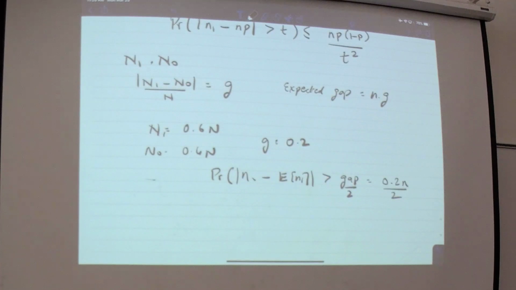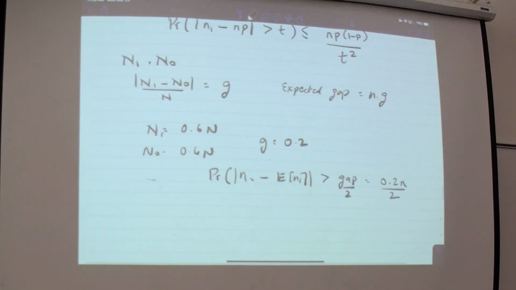In this case, what we're saying is that we want to know the probability that n1 minus the expected value of n1 is greater than 0.1n.